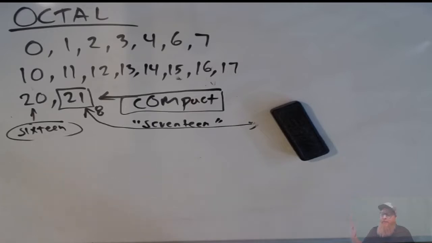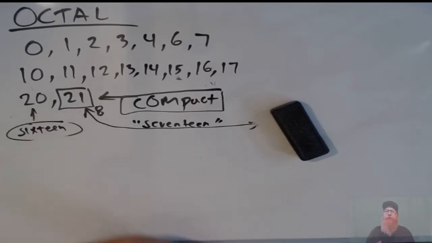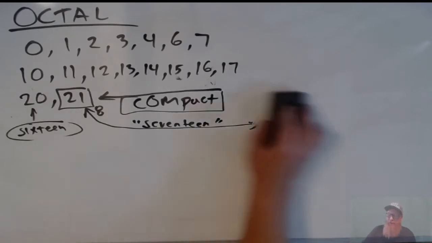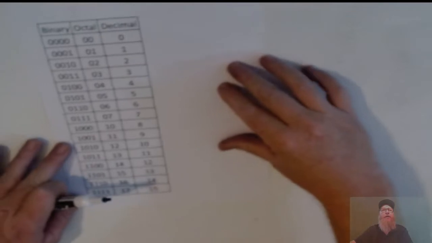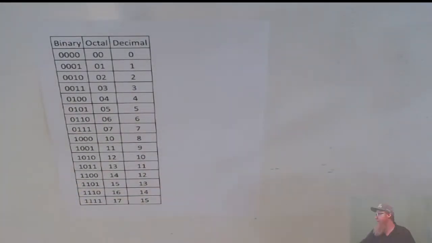So let's look at some binary numbers and some octal numbers and some decimal numbers and get an idea of how they work and why the octal number system might be our candidate for calculating here. I have here a list of binary, base 2.